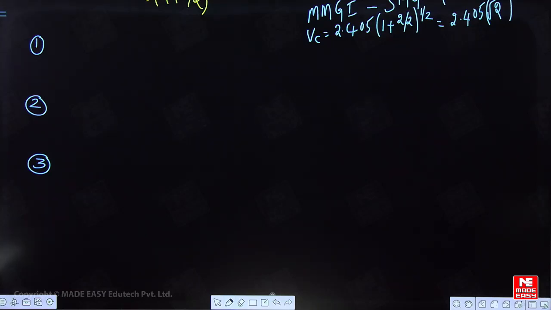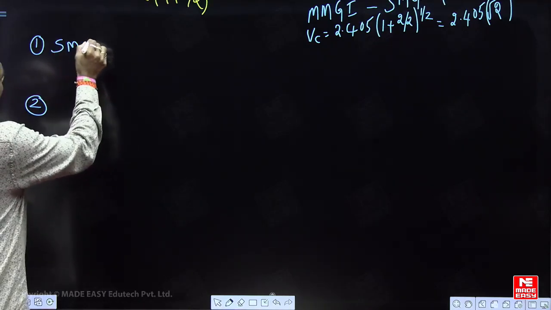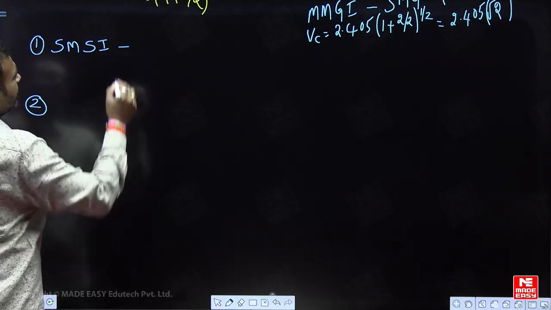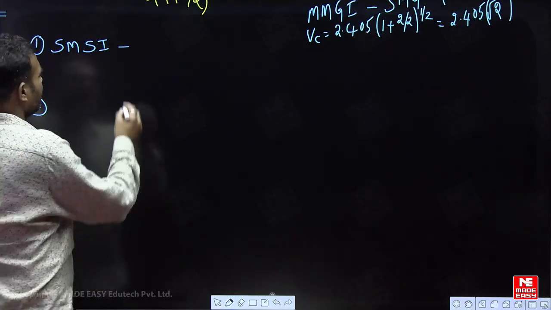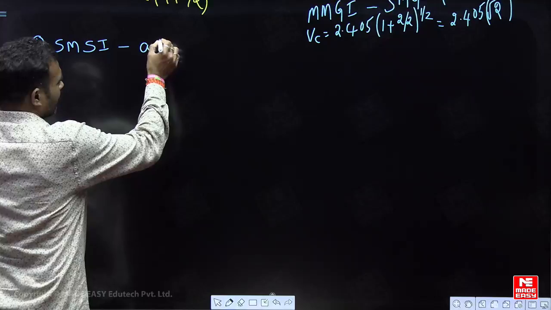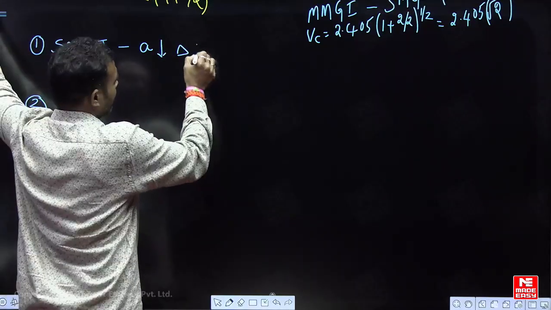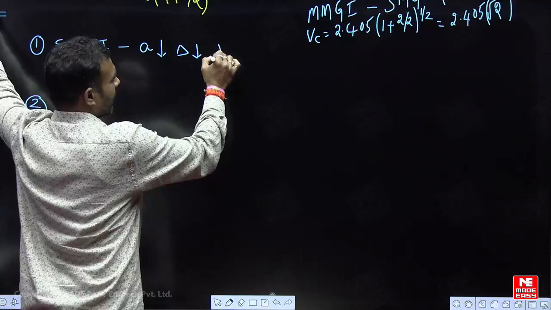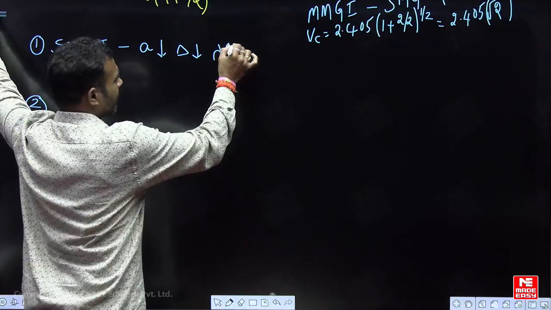Right. See here, the correct answer is SMSI. I will give the justification. Just see here carefully. In SMSI fiber, your A value is less, delta value is less, and lambda is going to be very high.